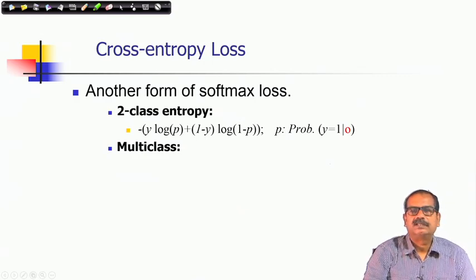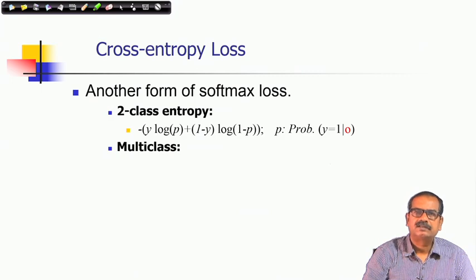When you have two classes, you have either class 1 or class 2, that means object class and background class, for example. If the probability of the object class is p, then the non-object class is 1 minus p. As you can see, it is just a generalization.